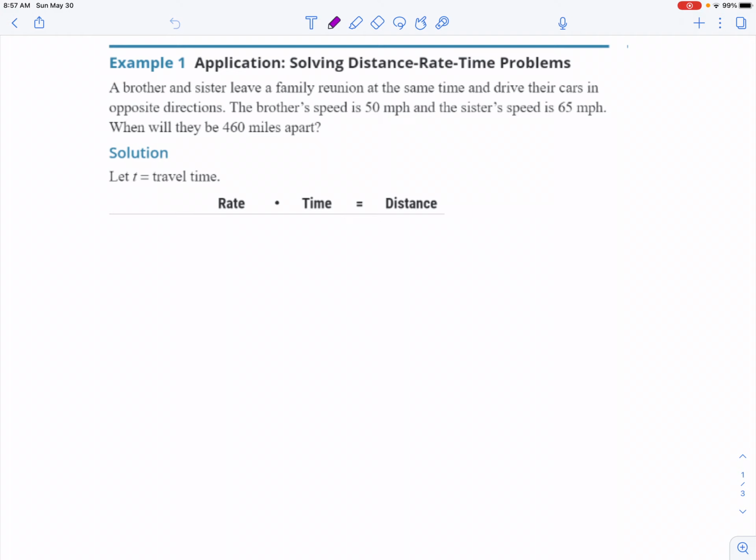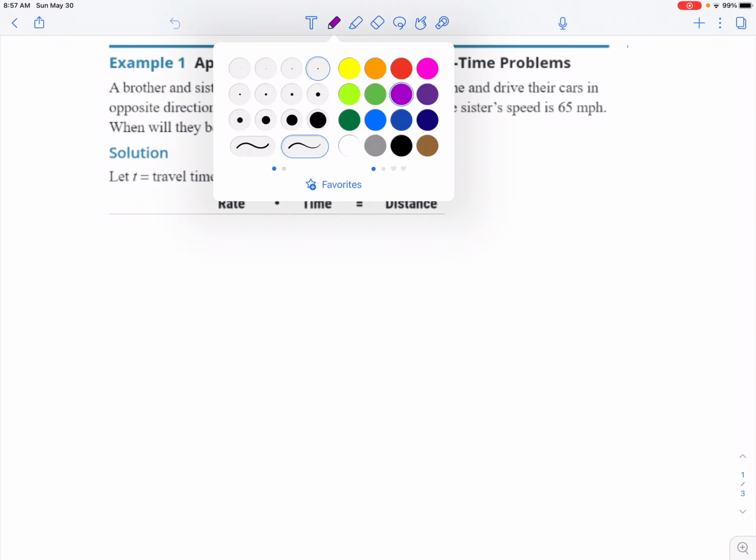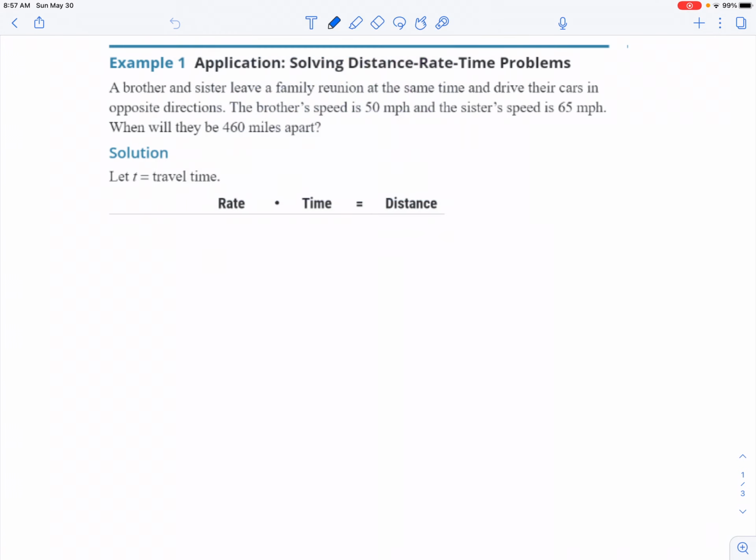Okay, so the first thing I want to remind you about is how to identify where these numbers go. Rate is always in terms of something like miles per hour, feet per second, meters per minute. So it's a linear measure compared to a unit of time.